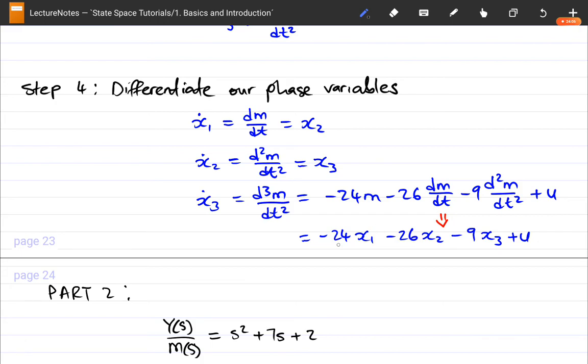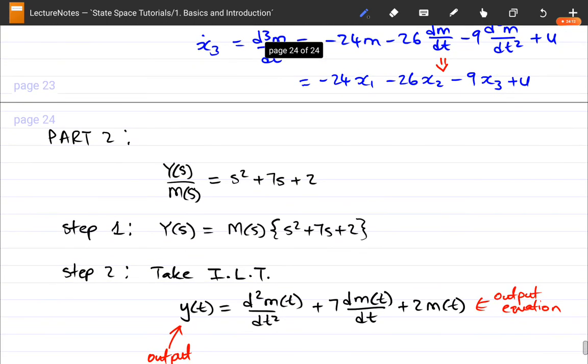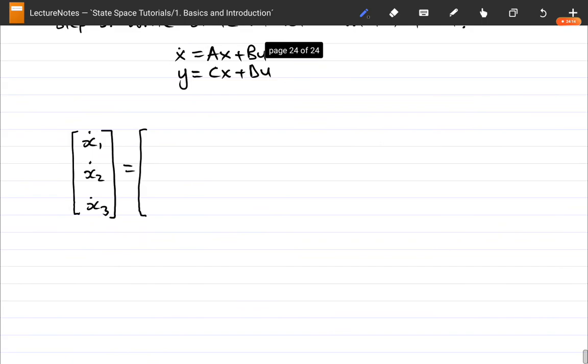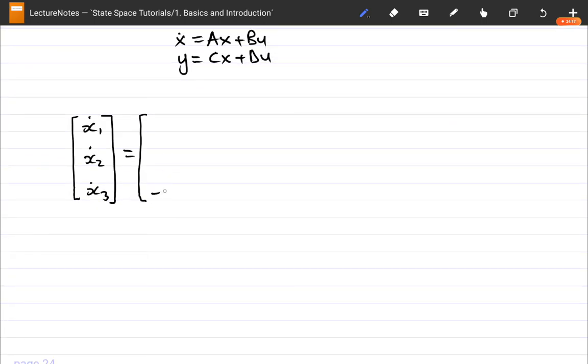X dot 3 says minus 24x1 minus 26x2 minus 9x3 plus u. So it's minus 24, minus 26, minus 9. We can't lose our matrix here.